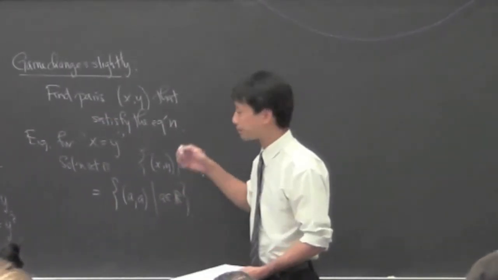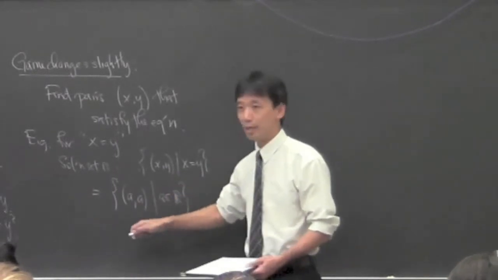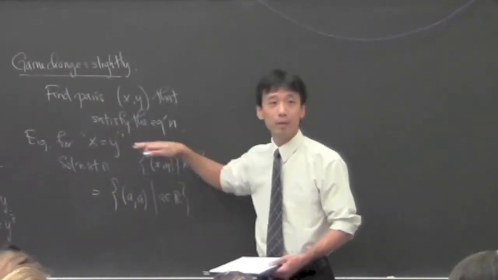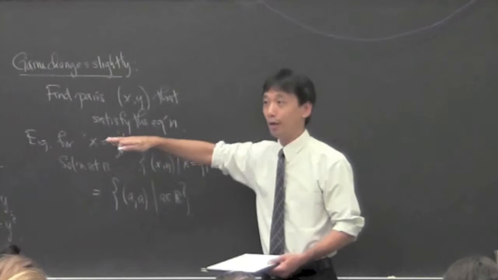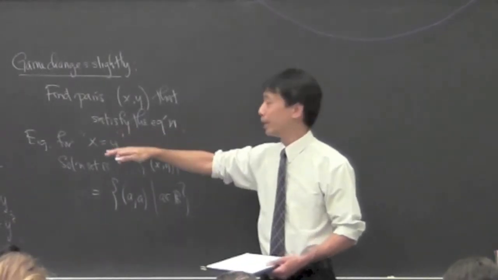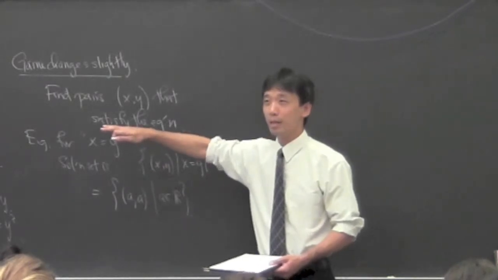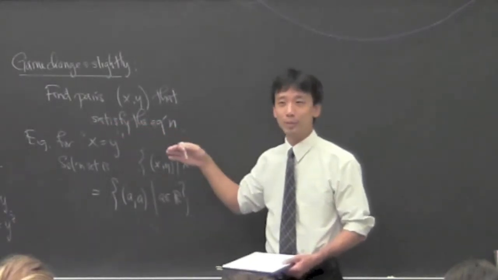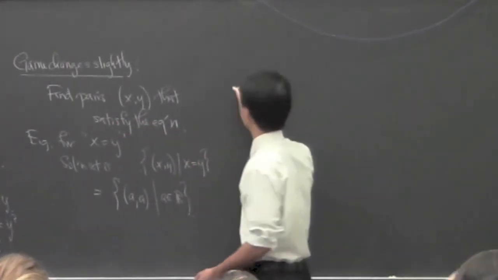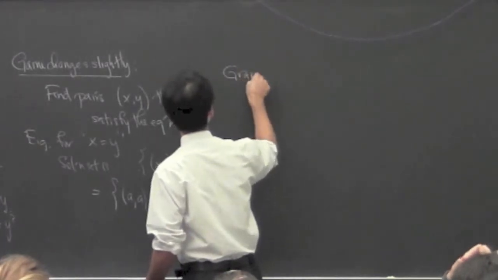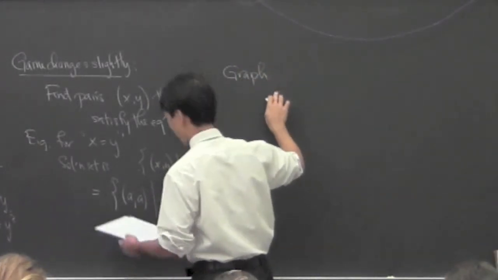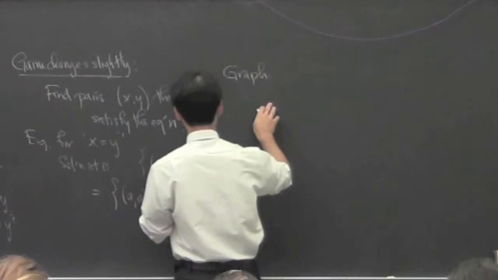And then, just like in one dimension, we had a way of representing the solution set on the number line, we are going to do the same thing. We're going to have a graphical representation of this on the plane. So we have these things called graphs.